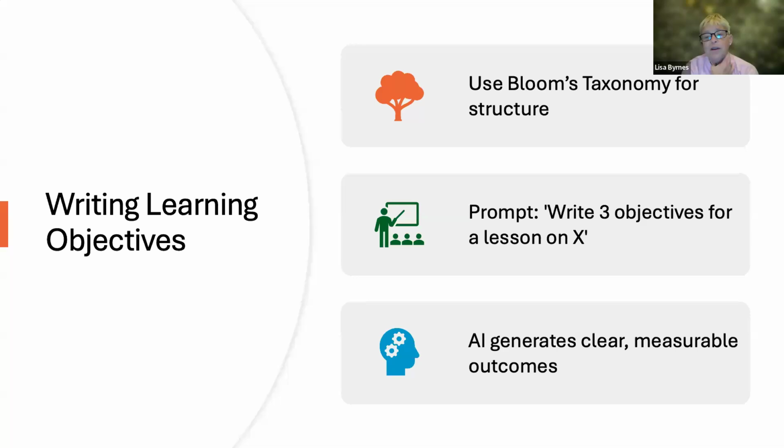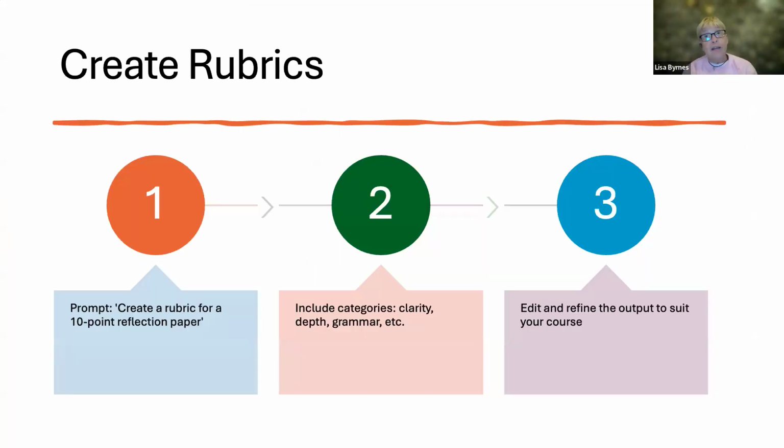It's very easy for AI to produce objectives tailored to your subject and your level using the Bloom's taxonomy educational framework. So besides writing objectives, another thing that Chatty G can do very easily for you is create rubrics.